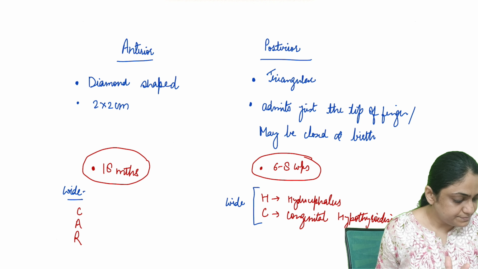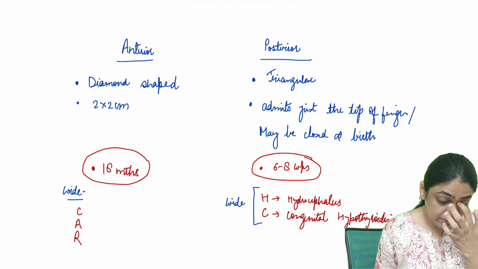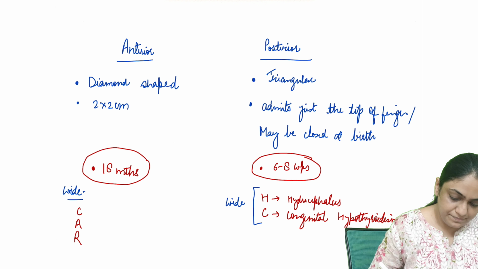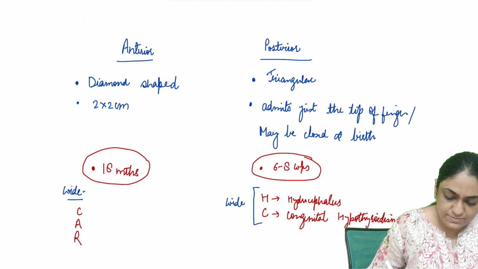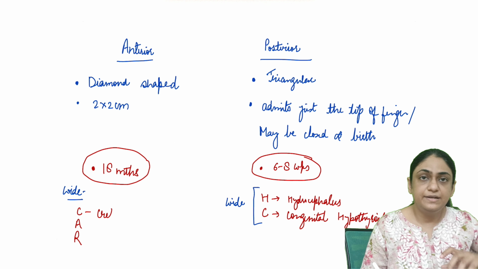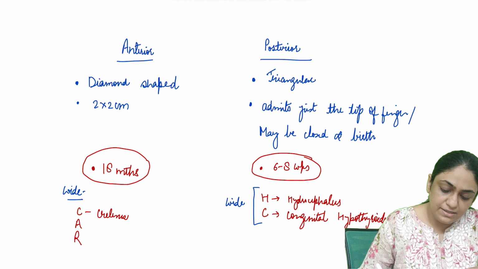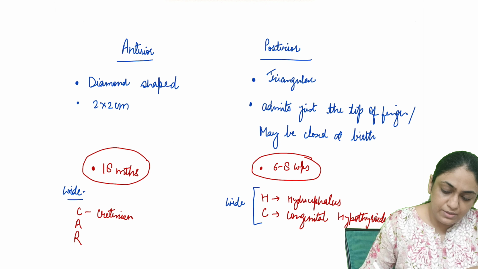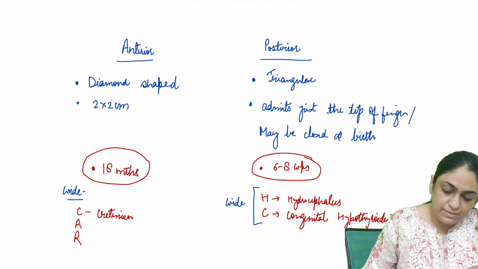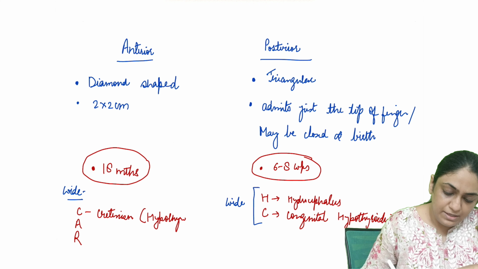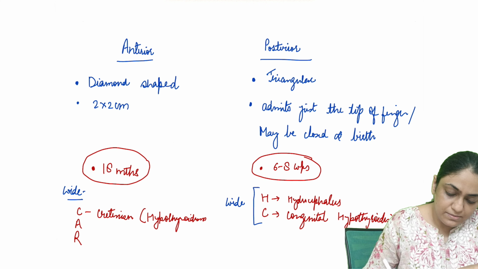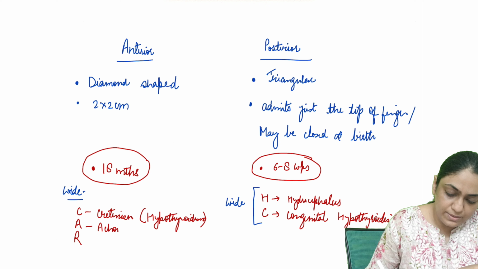So C for cretinism. What is cretinism? Cretinism is nothing but hypothyroidism. Basically, it's congenital hypothyroidism. A for achondroplasia.